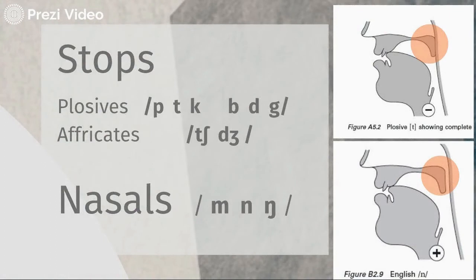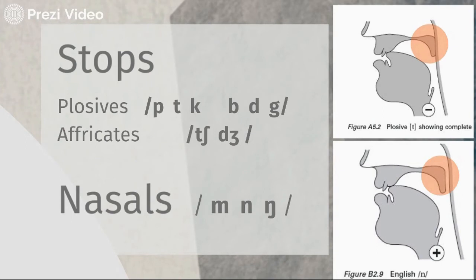There are two types of consonants in English that are made with complete closure. The type of constriction where the passive and the active articulator are held firmly together and block the airstream. Eight of these sounds are called stops, and three of them are called nasals, or nasal stops: m, n, and ng.